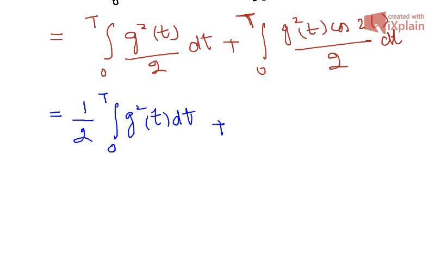If you evaluate the second term, you will get 0 actually. But how do you get 0? If you see, this g squared multiplies with a cosine term.